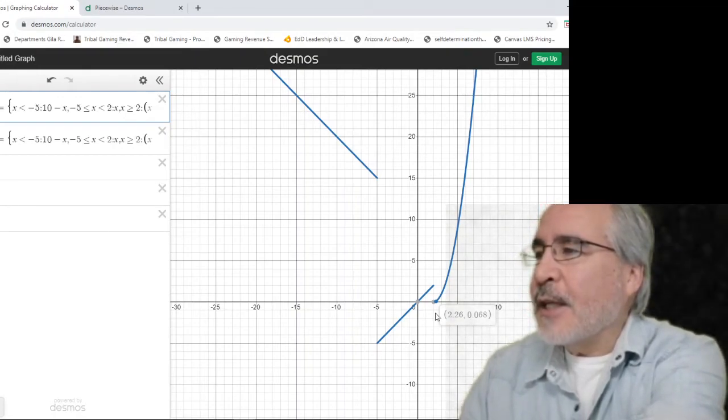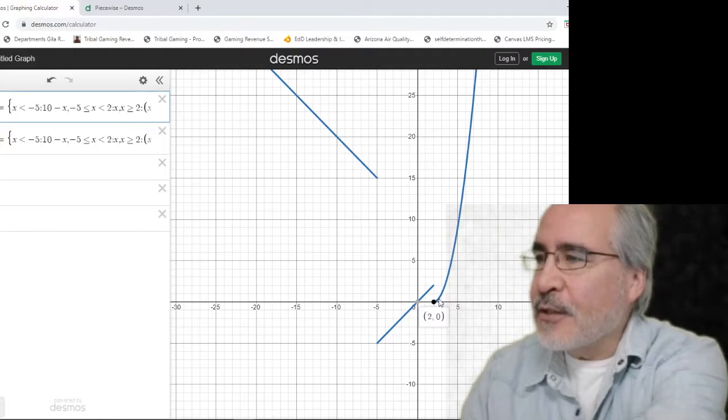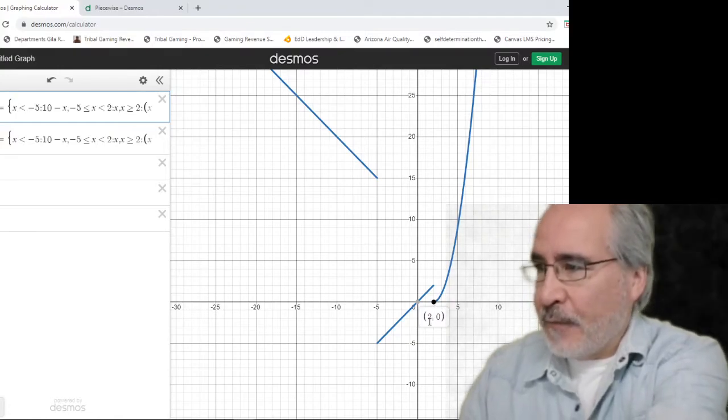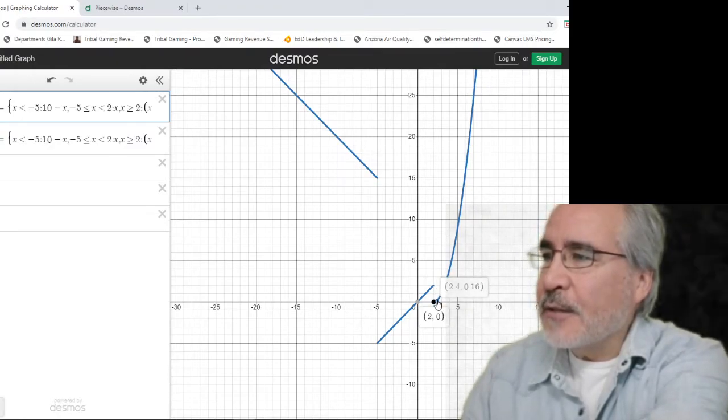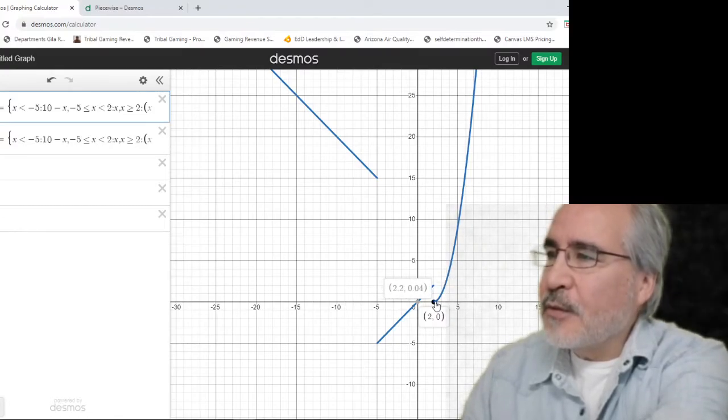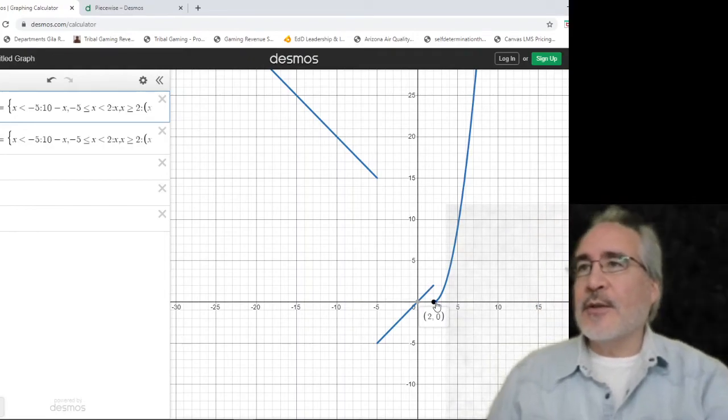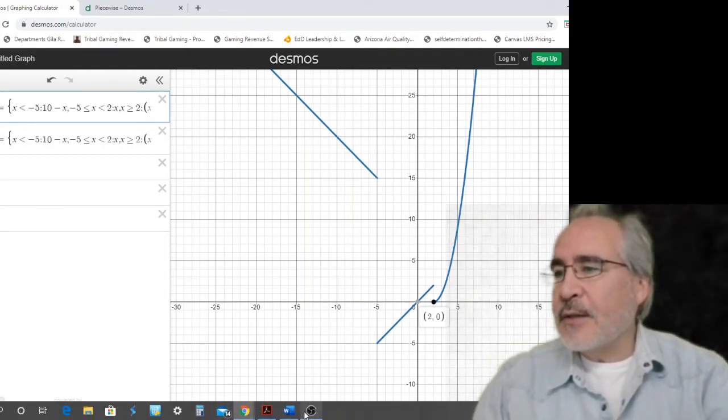Now, with limits, we don't want to look at what happens actually at 2, although that is a function value. We'll see that that function value is on the third part of the function. But we want to see what happens as we get very, very close. There we go, at 2.2, we're at 0.4. So we can see as we get closer to x equals 2, y is going to be 0.